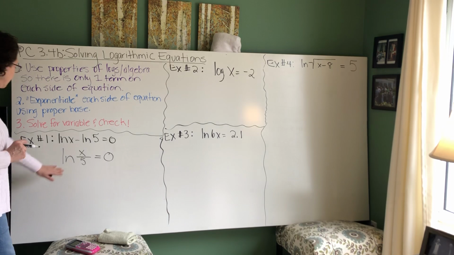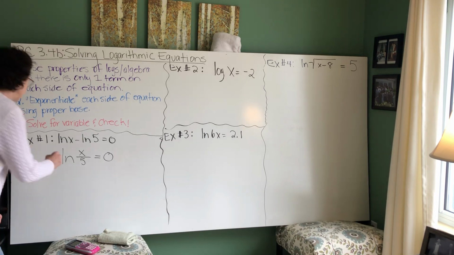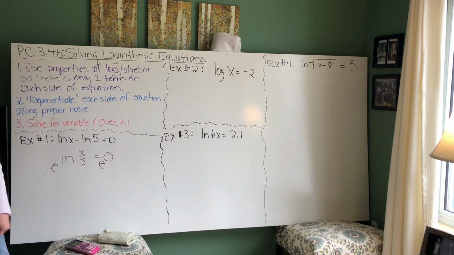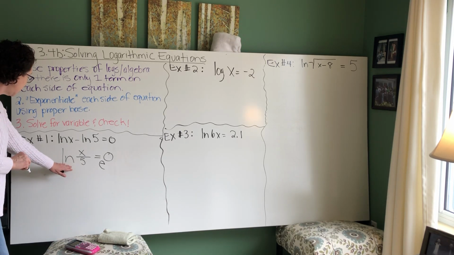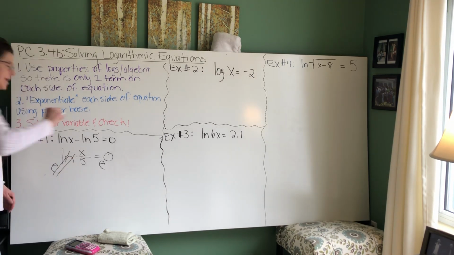The next thing we're going to do is exponentiate. Let's take a look at the problem. There's a natural log. That means the base is e. So what we will do is write a base of e on each side of the equation. This causes the natural log and the e, they are inverse operations, to cancel.